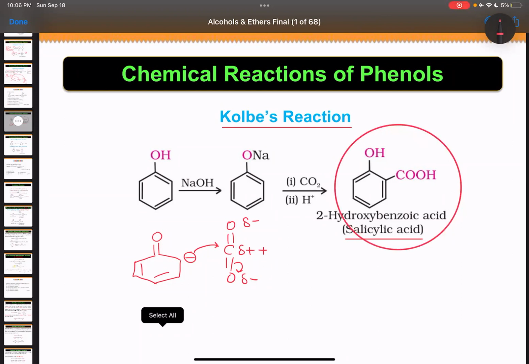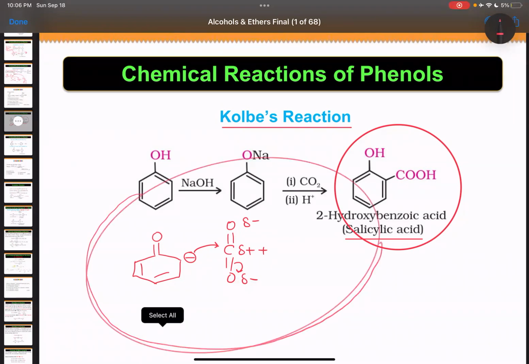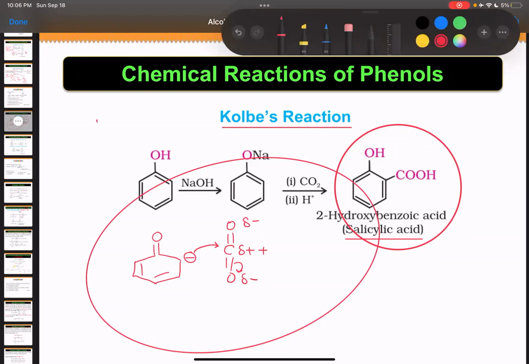So can you tell me any other set of reagents apart from CO2 and NaOH which also convert phenol to salicylic acid? Any other set of reagents?